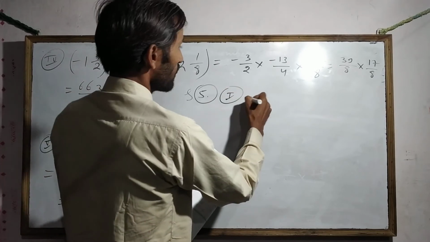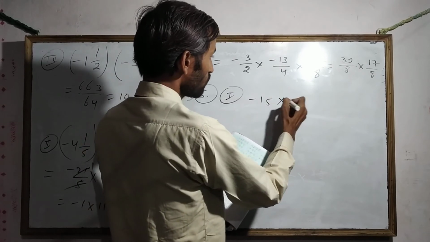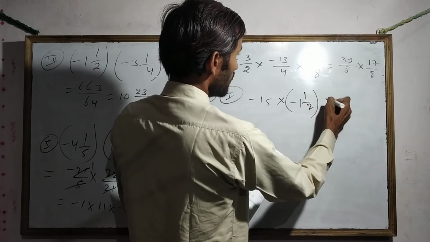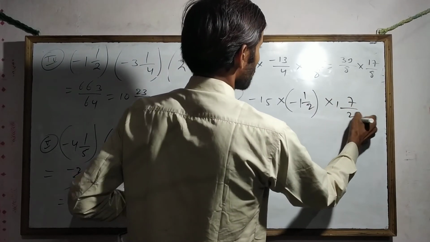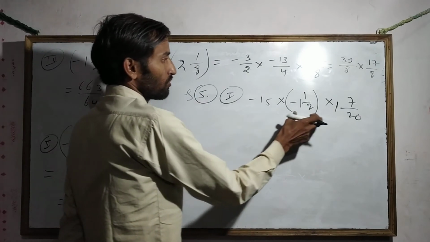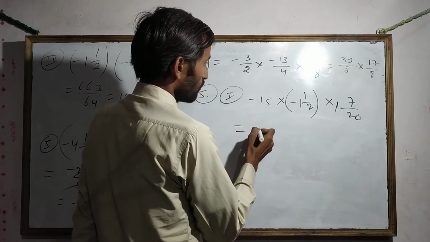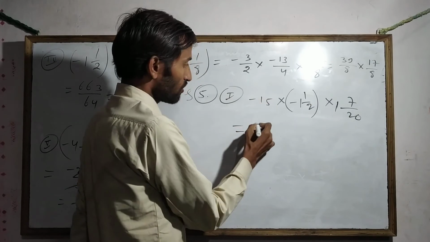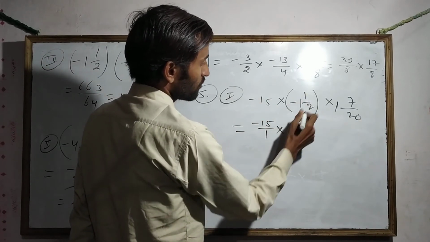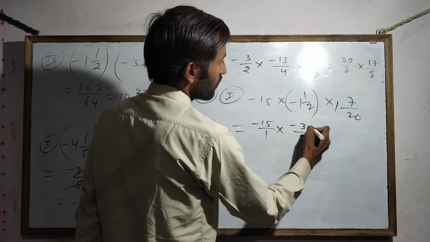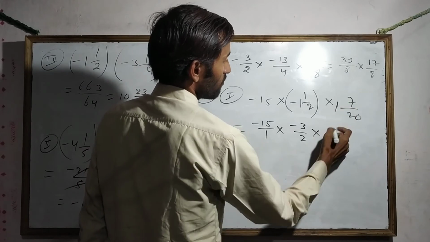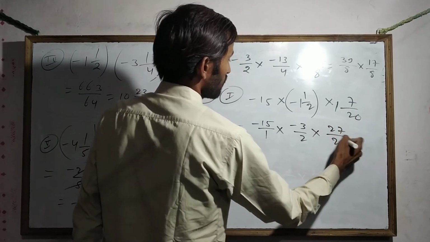Again we have to multiply here. So 15 into minus 1 upon 2 in small bracket into 1 7 upon 20. Okay. Now we have to remove this small bracket, and this one is an integer. So minus 15 upon 1, 2 1 ja 2 plus 1, minus 3 upon 2 into this one is 21, 20 plus 7, 27 upon 20.